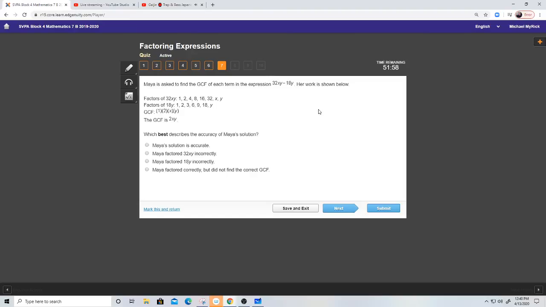Maya's asked to find the GCF of each term in the expression 32 times x times y minus 18y. Her work is shown below. All right, she's got factors. She got 1, 2, 4, 8, 16, 32. Okay, x and y, good. 18, she got 1, 2, 3, 6, 9, 18y. I guess so.